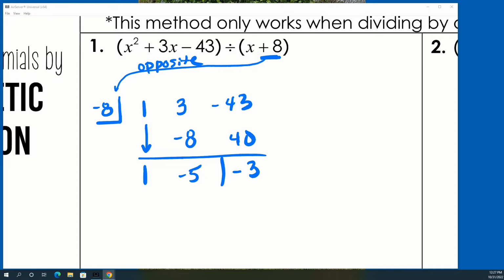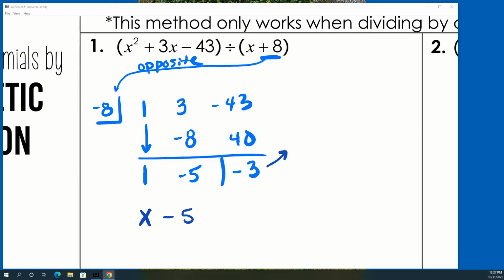Right? And then after that, you're going to assign these numbers to the answer. Because this original problem is x squared, this first term is going to be 1 less than x squared. So that's going to be 1x to the first power. The next one will just be -5.